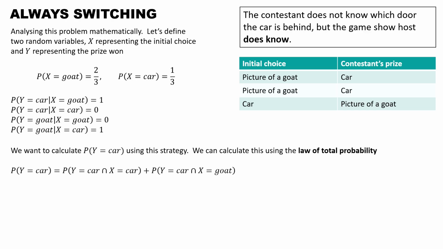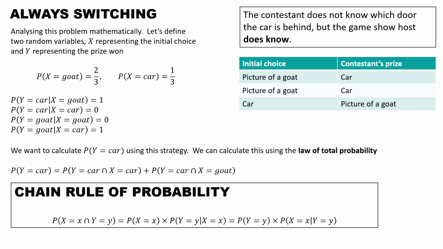Now, to calculate these joint probabilities, we're going to need to appeal to another rule, which is the chain rule of probability.